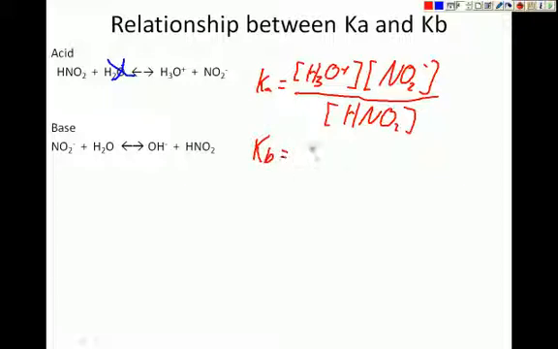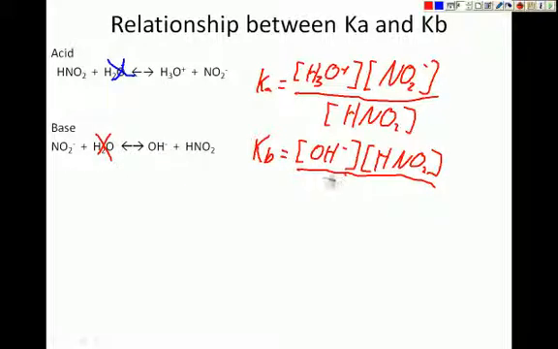So Kb is our concentration of OH- times our concentration of HNO2, and divided by, again, this is water, which is a liquid, so we're not going to use that, so divided by our NO2-.